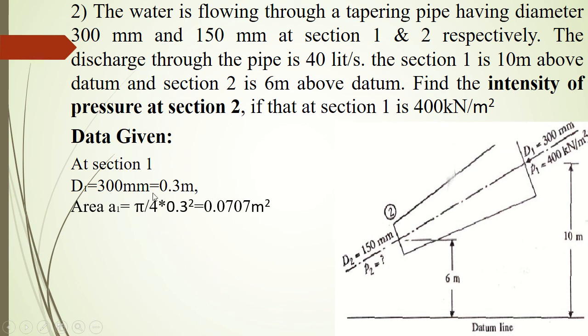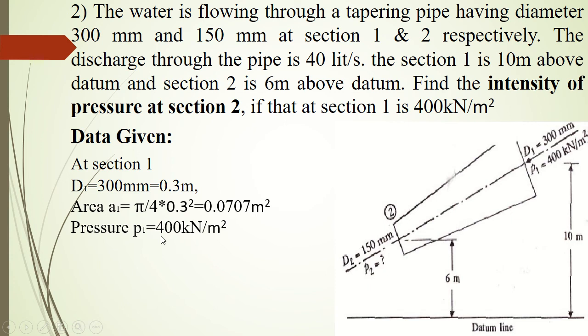So D1 is given, it is going to be 0.3 meter. Area A1 is equal to, so once I know the diameter, it is routine that I should calculate what is area at that section. So I know what is 0.3 meter D1, so area A1 is equal to pi by 4 D1 square, it is 0.3 square, so it is going to be 0.0707 meter square, and he has also given the P1, right?